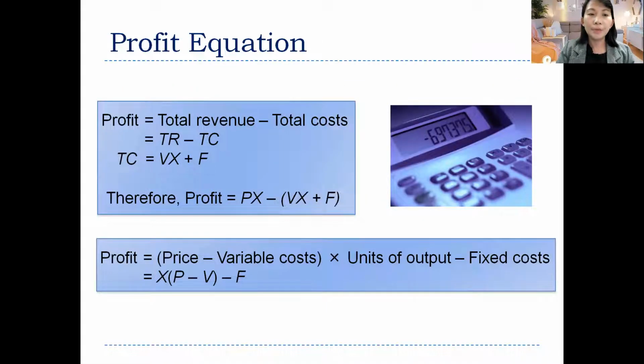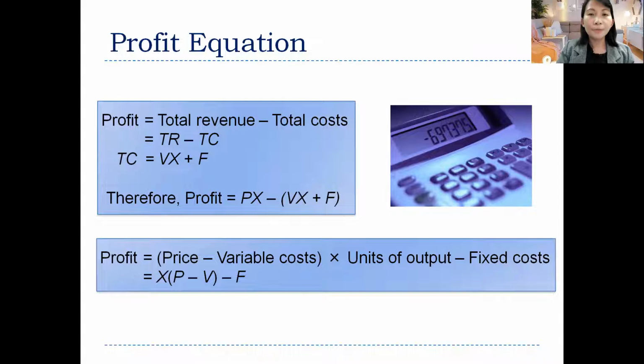So here, the equation: profit is equal to total revenue minus total cost, TR minus TC. Your TC is equal to VX, your total variable cost, plus your fixed cost.